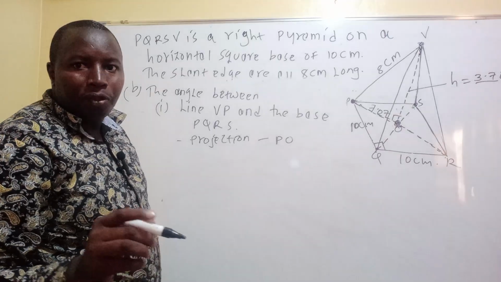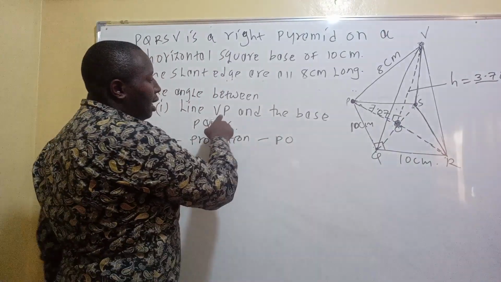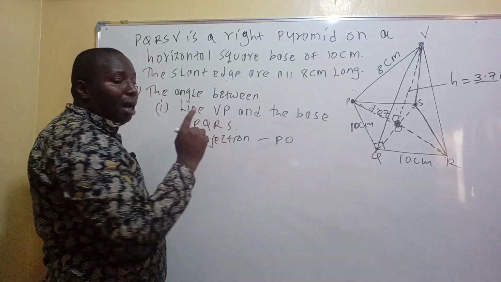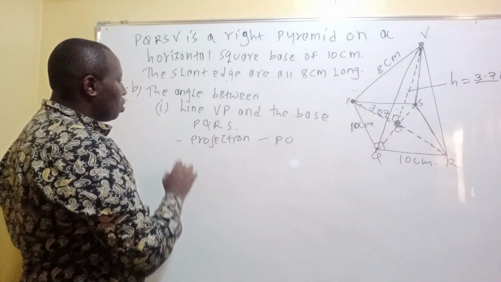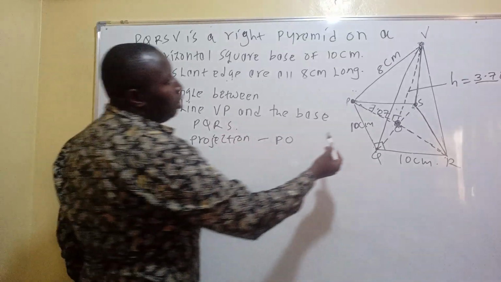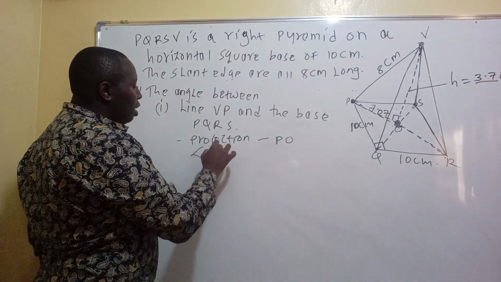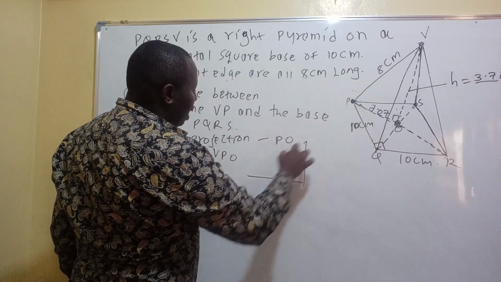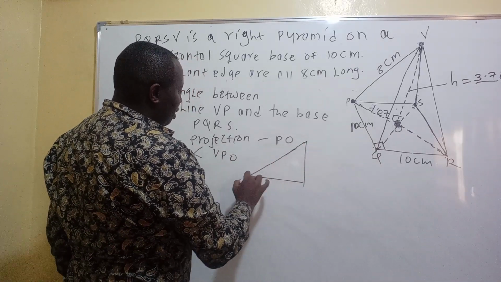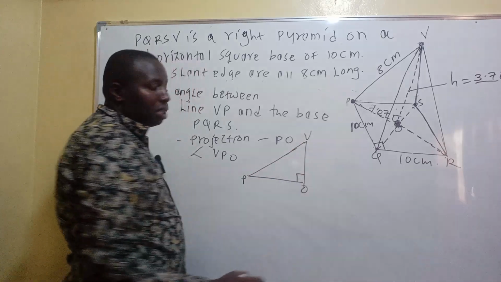So therefore, the angle between a line and a plane is the angle between the line and its projection on the plane. So in this case, the required angle will be angle VPO. If you draw again this right angle triangle, this is V, P, O. That angle is 90 degrees.